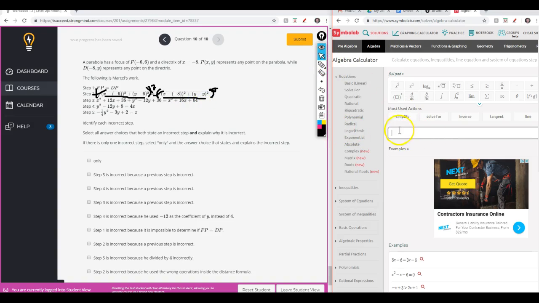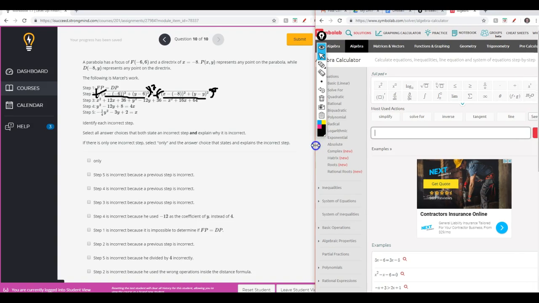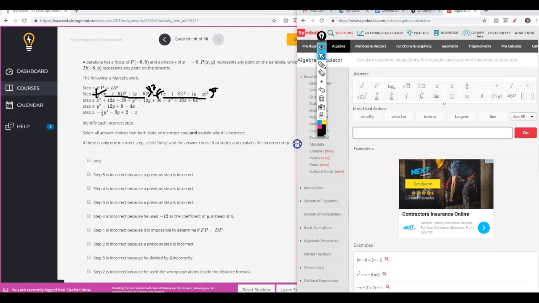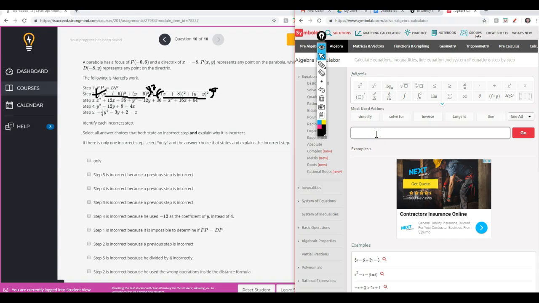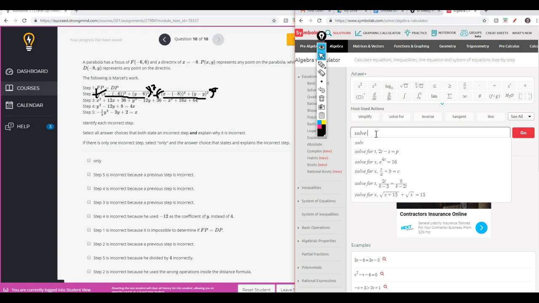I'm going to use Symbolab to help check this because it's quicker, more efficient time-wise, and cleaner than trying to type it out. I'm going to set solve for, and I know we're solving for x because we have this y minus y right there, and what you're solving for is going to be the opposite variable to the one that will reduce down to 0.